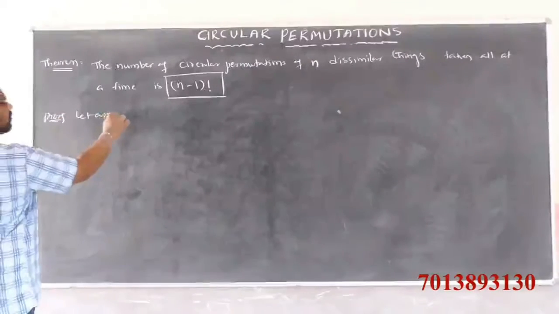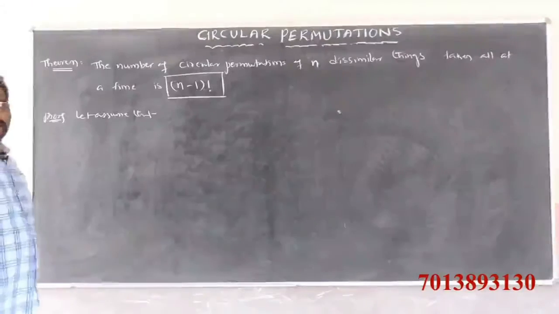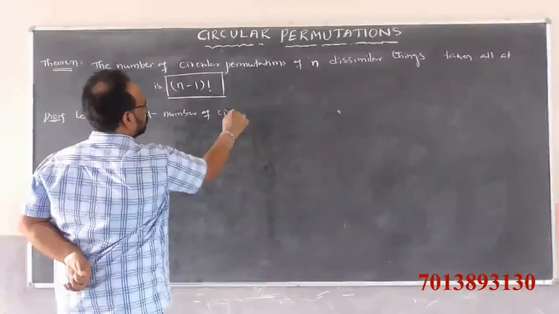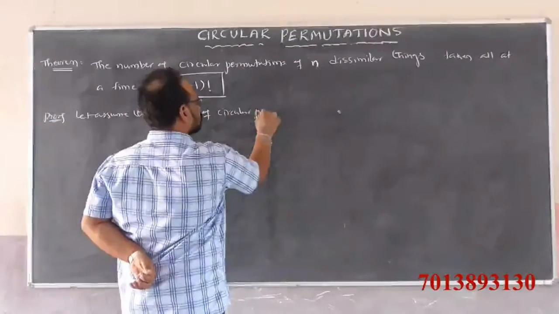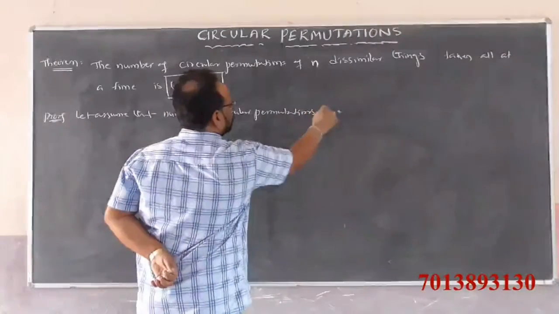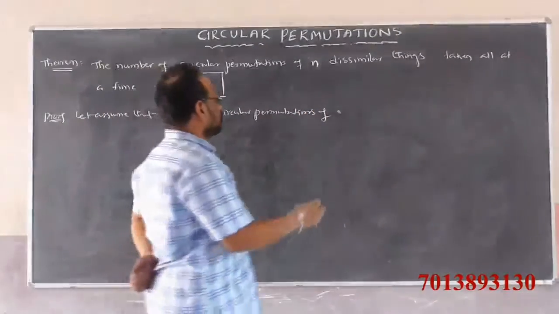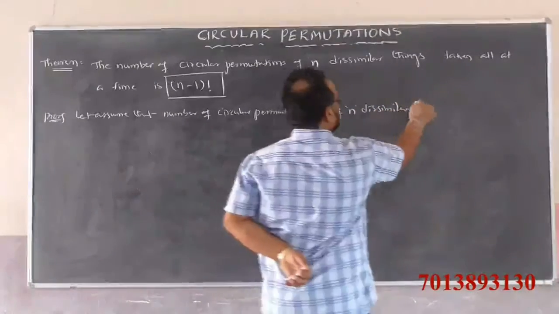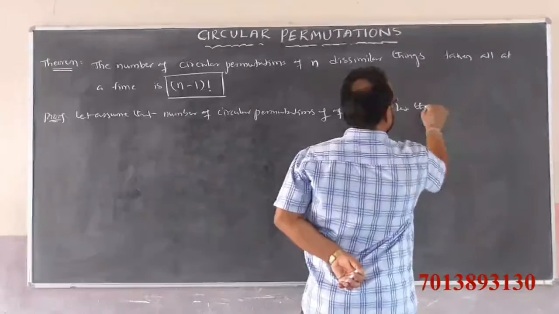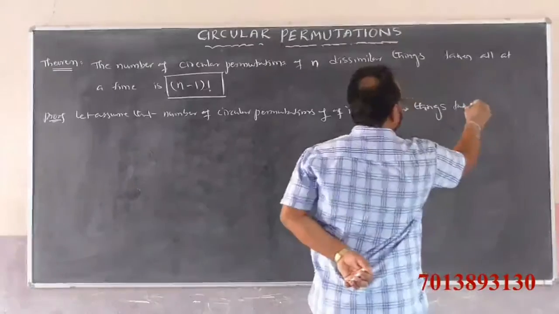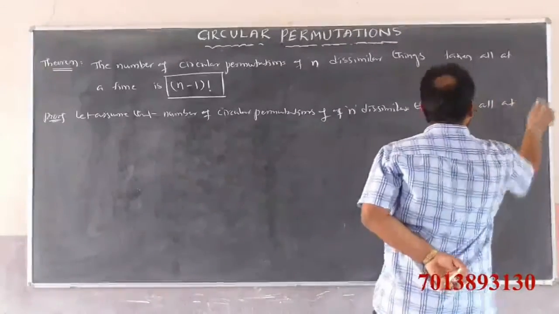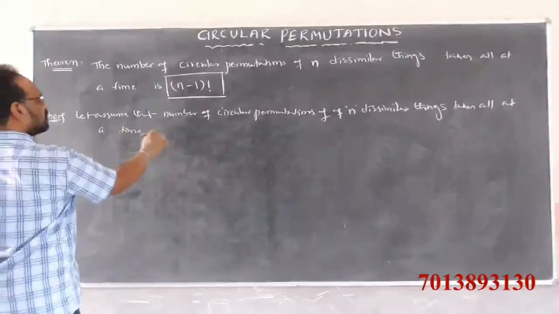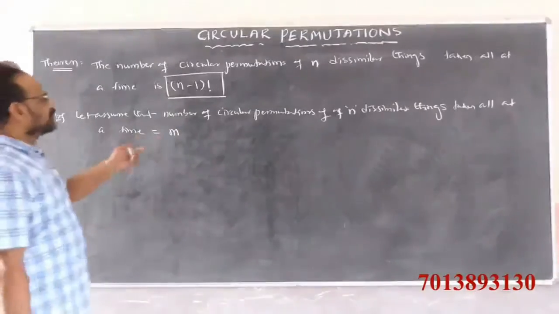Proof. Let us assume that the number of circular permutations of n dissimilar things taken all at a time is m.